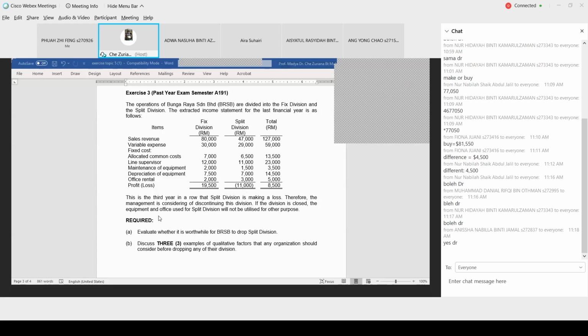So if the division close, equipment and office used for split division will not be utilized for other purpose. Means that the maintenance of equipment, office rental ni kita tak boleh guna lagi kalau kita dah drop. So maksudnya yang ni dah jadi like a irrelevant cost. Dia tak bagi apa-apa pun perbezaan. You split the cost for office, for equipment and office still there. So evaluate whether it is worthwhile for BRSB to drop split division.